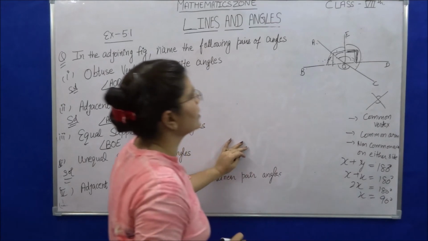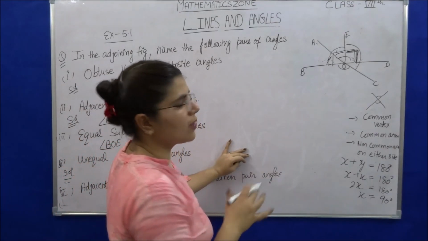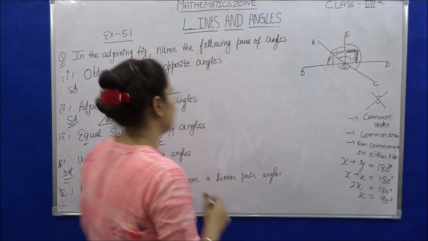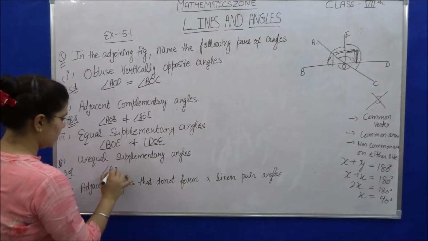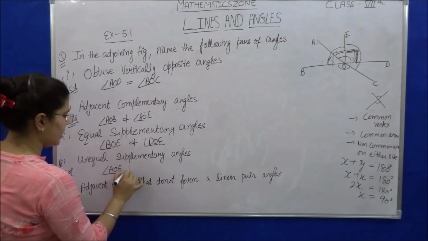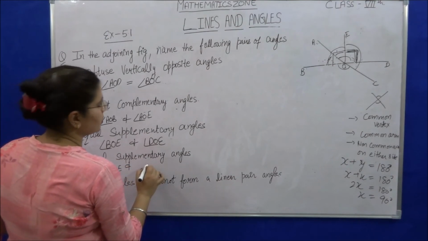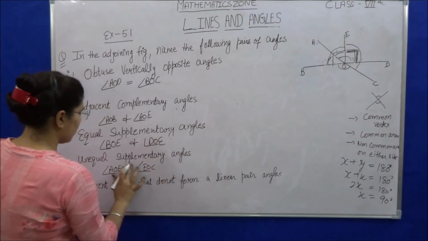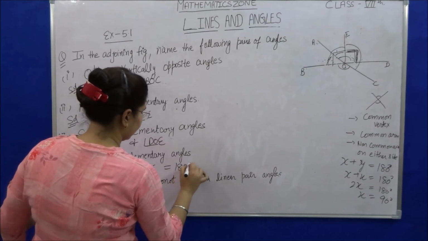So these two angles are unequal, but the sum of these two angles is 180 degrees because both are lying on a line AOC. So our angles will be AOE and angle EOC. So the sum of these two angles will be 180 degrees.